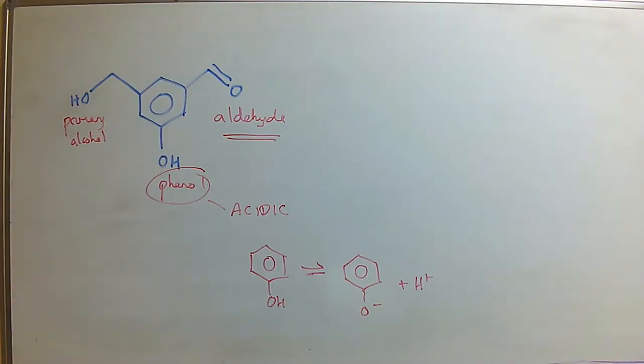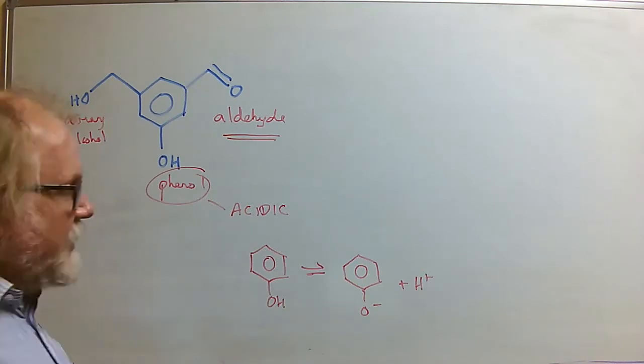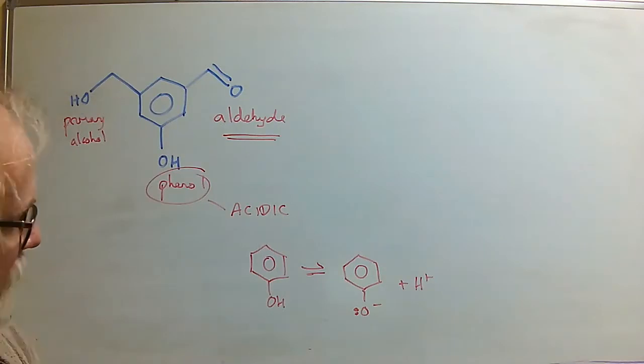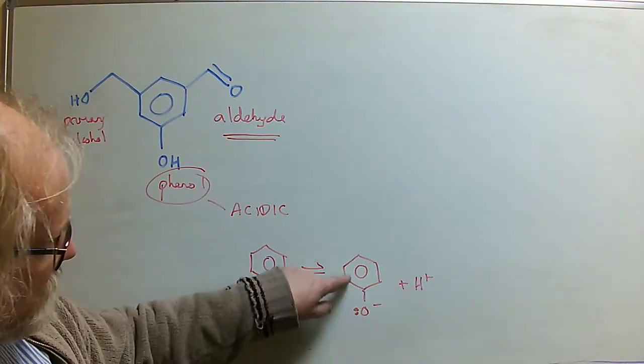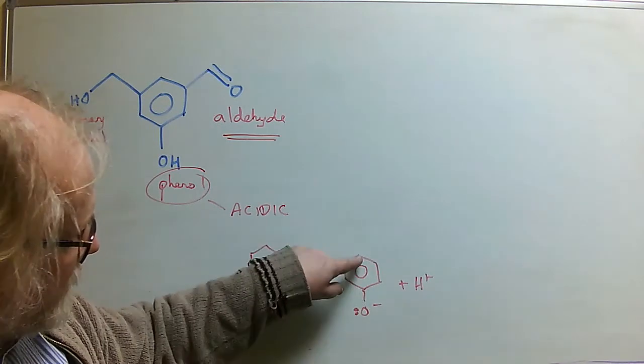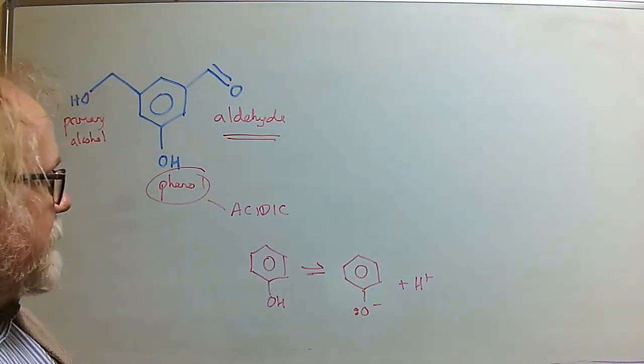But the phenols can do this because the negative charge gets delocalized around the ring. Because that lone pair forms part of the delocalized system, the negative charge in effect gets spread around the ring, and that stabilizes it a bit.